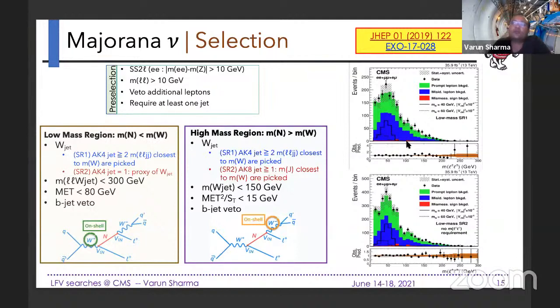The least contributing of all is the mismeasured sign assignment, because we have a very nice tracker, so there is a very low probability of assigning a wrong sign to the leptons.